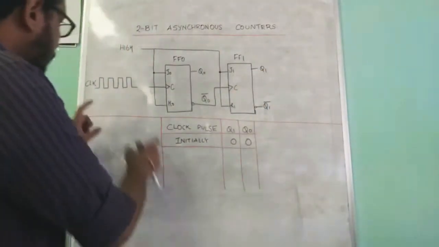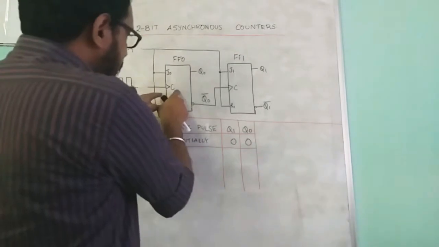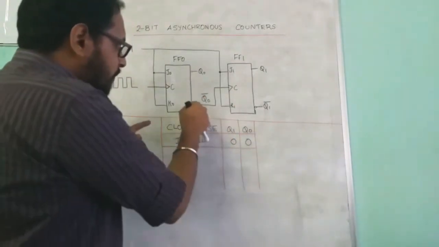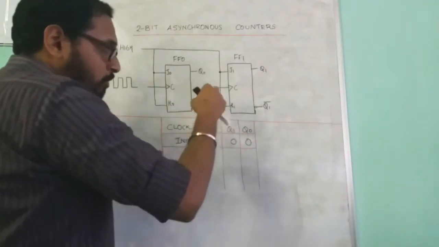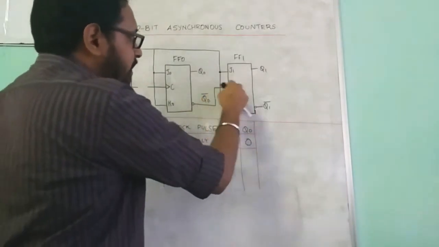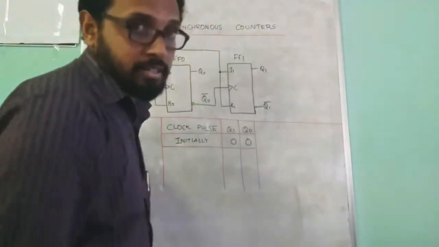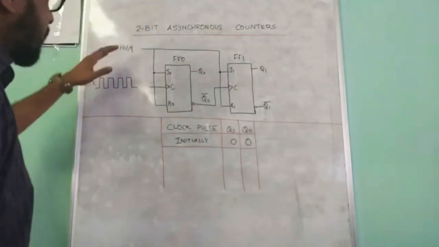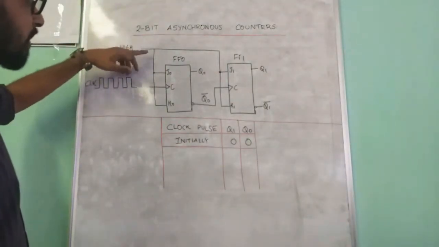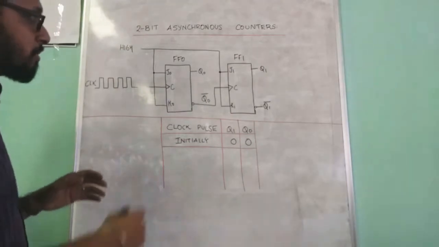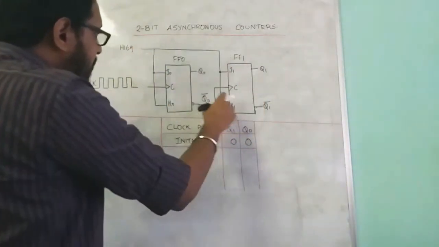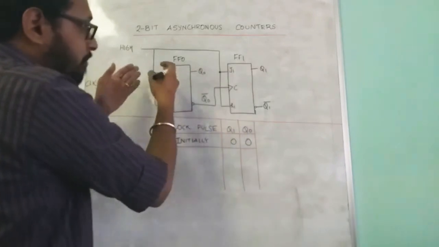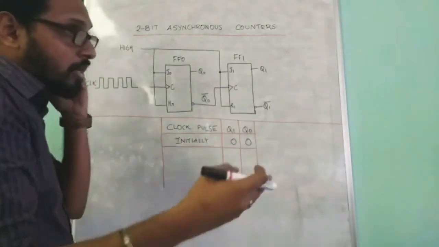We have a clock signal, and in the case of asynchronous counters, we take the negation, the Q0 bar or Q bar output, and feed it as the clock to the next flip flop. For the time being, this has not much significance, but it is similar to the toggle condition.